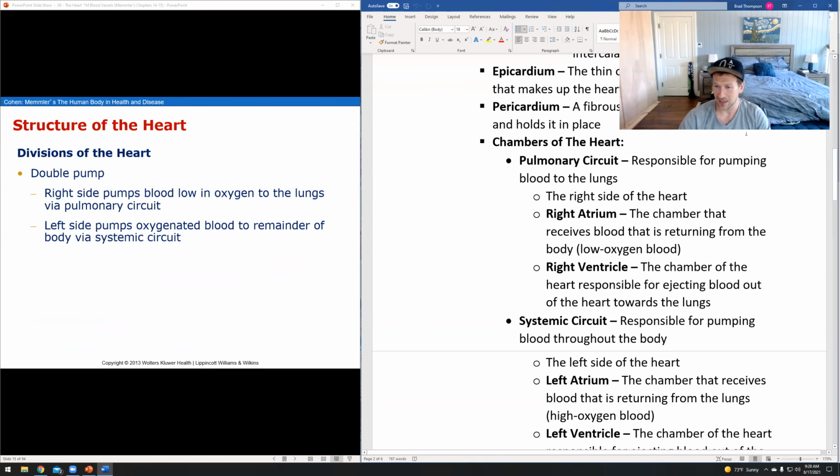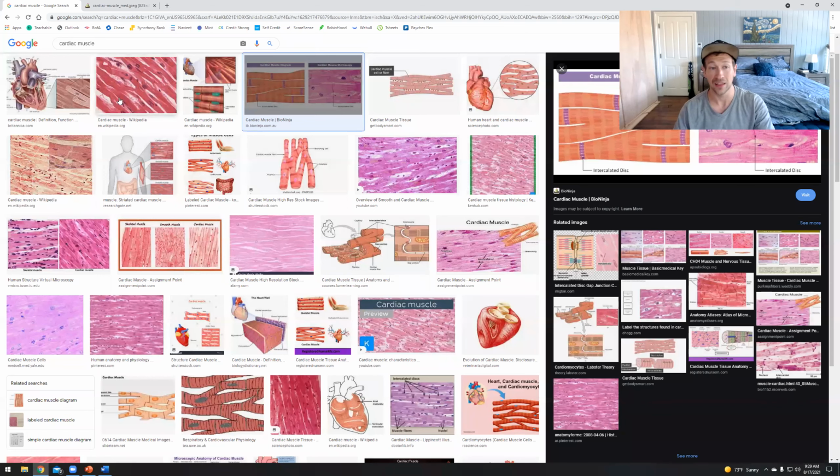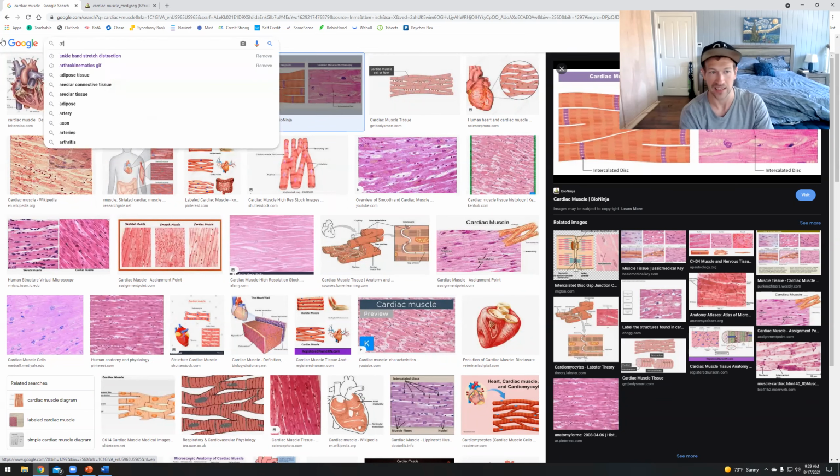So the right side of the heart is the pulmonary circuit, responsible for pumping blood to the lungs. And it's going to have an atrium and it's going to have a ventricle. So those are the two chamber types that your heart has: atriums and ventricles. Now, if you look at the word atrium, it literally means a gathering site.